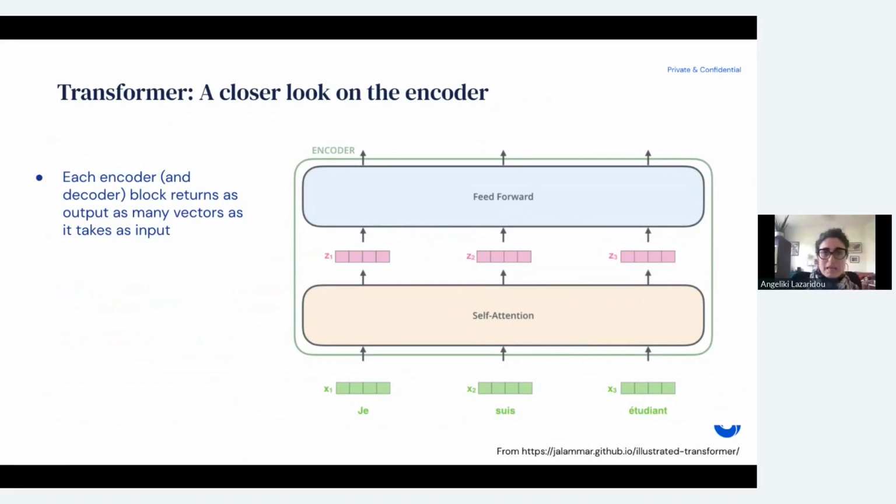Note that this already starts being a bit different from the type of deep learning architecture that we are used to, because usually, for example, if we think about how ConvNets work, we were used to this almost pyramid sort of shape, where we start with wide networks, and as we go to the top, the networks become smaller and smaller, to have increased abstraction. The transformer doesn't have this, so it's constantly the same operation. So it's like this rather than that. I mean, just to put it visually.